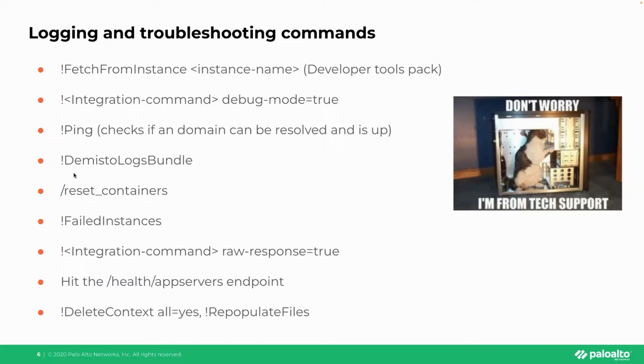You can just run this command, and this becomes particularly useful in scenarios where you expect things to fail or go wrong, and you just want to grab the log bundle. Let's say when you're reproducing an issue, you want to grab the log bundle immediately. So you can just include this in the playbook. This is a command that can be included in a playbook task.